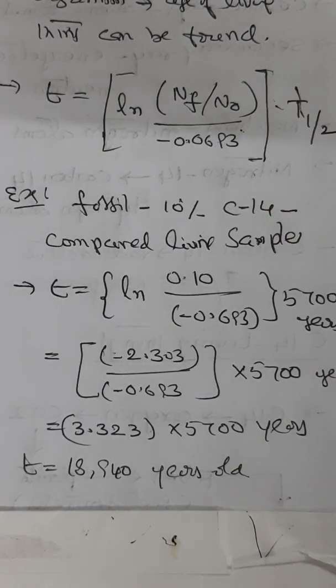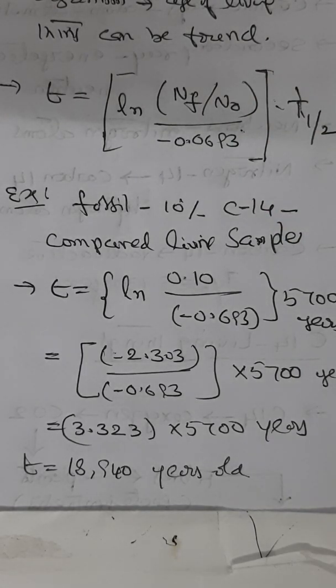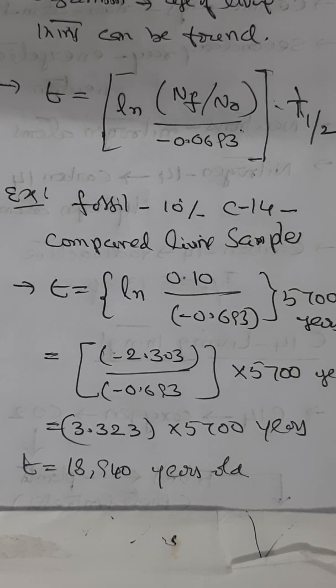This is the dating formula. Because the half-life of carbon 14 is only 5700 years, it is only reliable for dating objects up to 50 to 60,000 years.